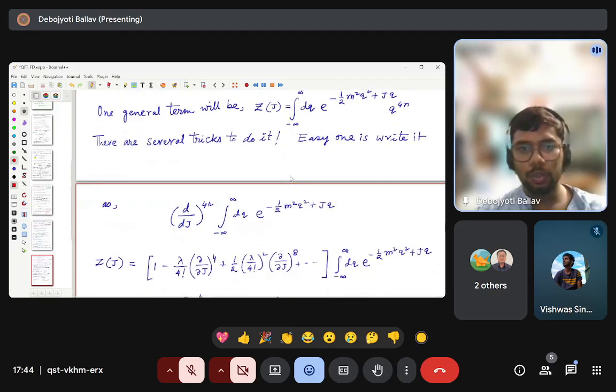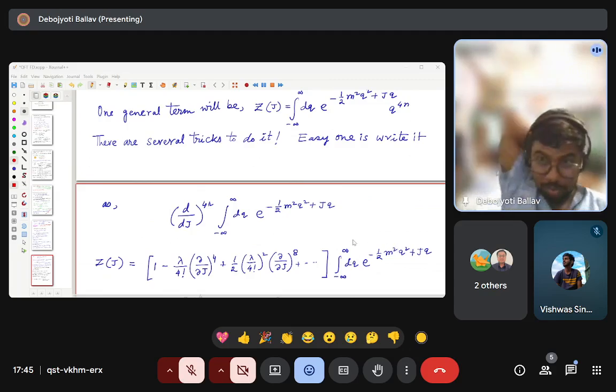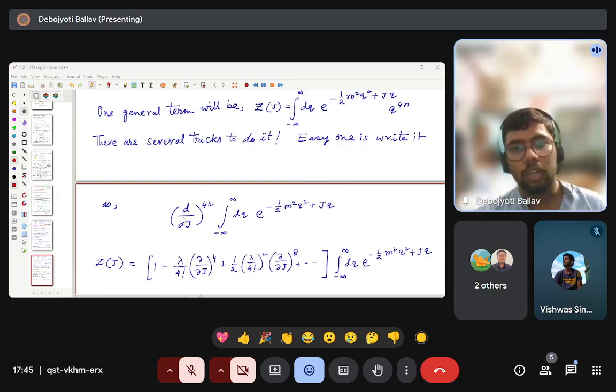So you can write this zj as a series of taking derivatives. So these are derivatives with respect to j of all orders, d/dj to the 4, d/dj to the 8, and all other orders of derivatives up to 4. A general term will look like d/dj to the 4n.